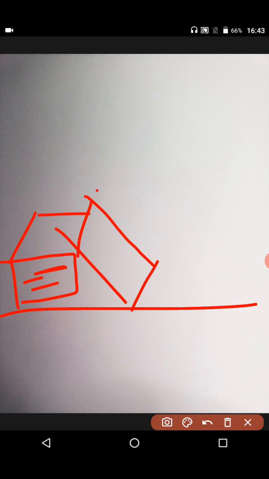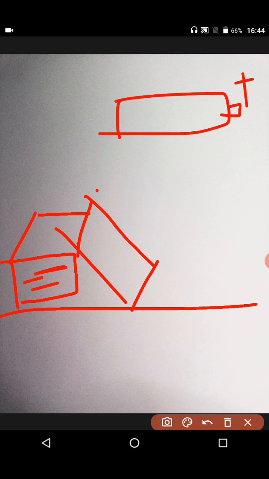Now the surface will be polished, obviously, but if it is not polished, it's not an issue. Take a battery cell, it's better if you take a cell. This will be the positive, negative, you need not note this.